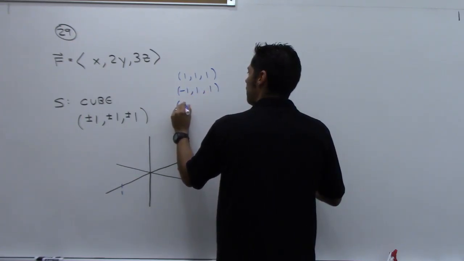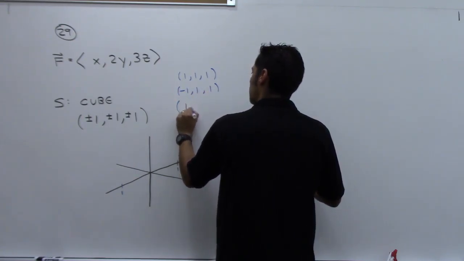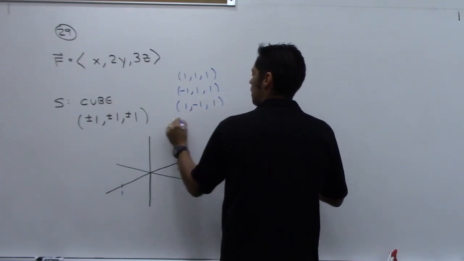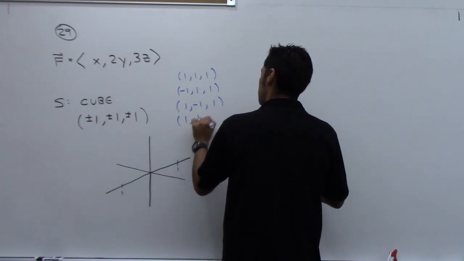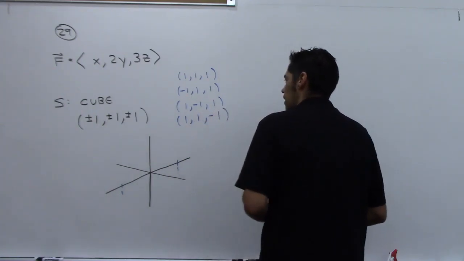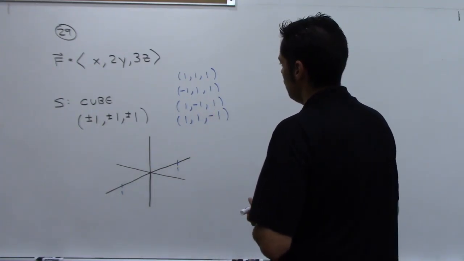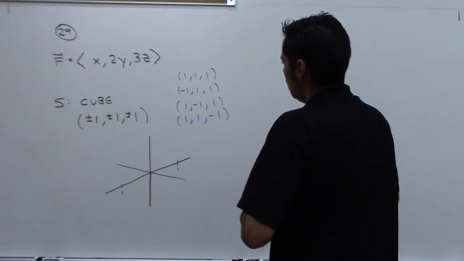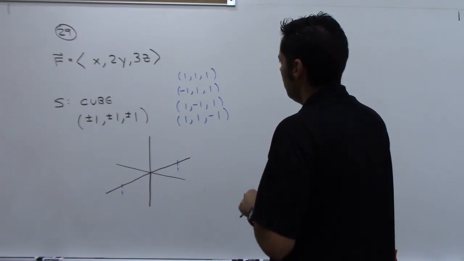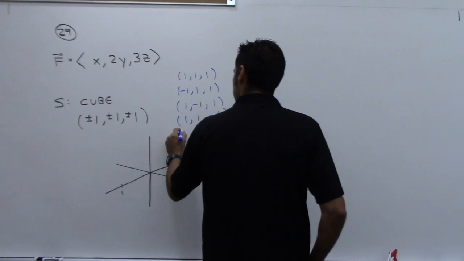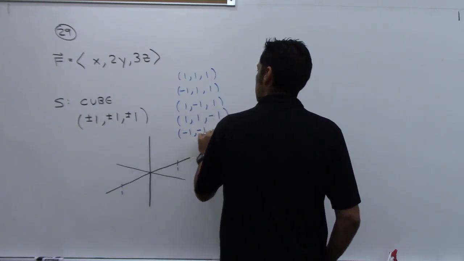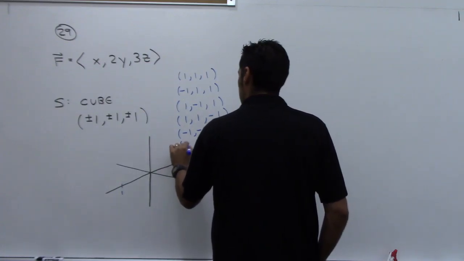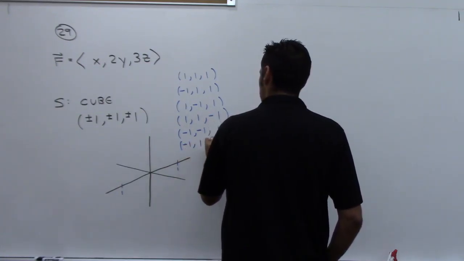We can have 1, -1, 1. We can have 1, 1, -1. Let's see if we've got all the different combinations here. Negative, negative. We can have -1, -1, +1, and -1, -1, -1.